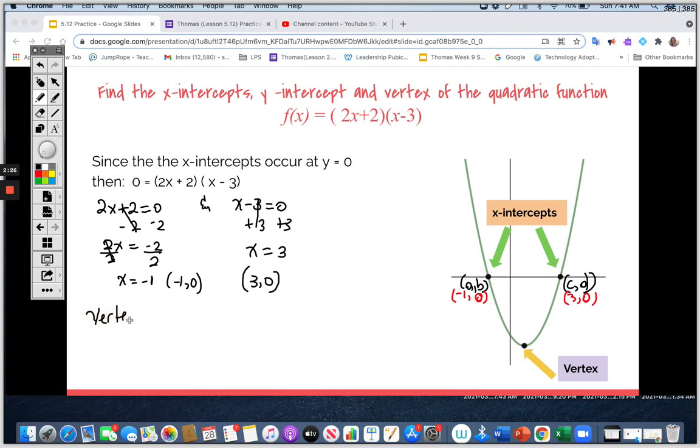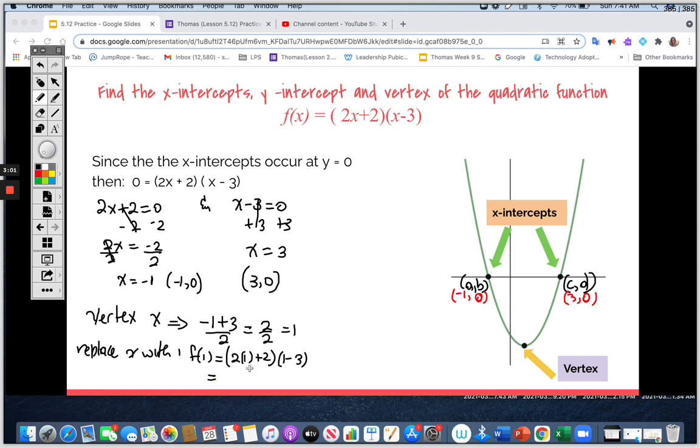My vertex is halfway between my x-intercepts. So I'm going to find the x value, which is going to be (-1 + 3) divided by 2. That is going to be equal to 2 divided by 2, which is equal to 1. I'm going to replace x with 1. So I'm practically going to find f(1), which is equal to (2 times 1 + 2)(1 - 3).